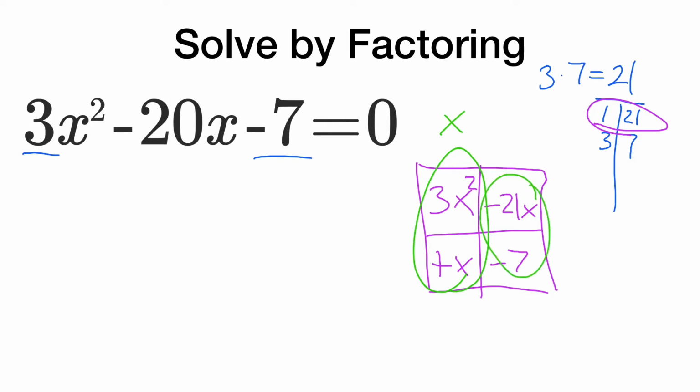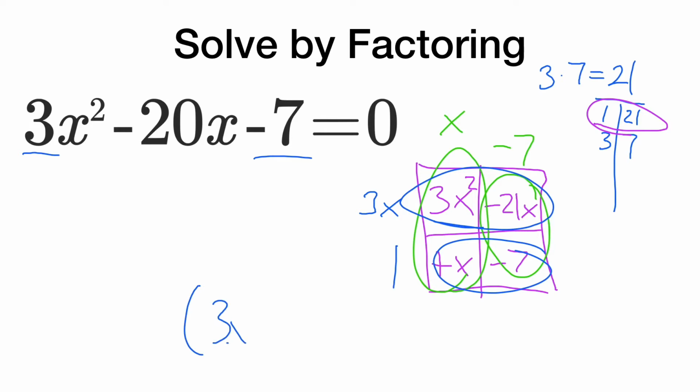Greatest common factor between negative 21 and negative 7 is going to be 7, but because this says negative, I'm going to say negative 7. Then I do the same thing for the other way. 3x squared minus 21 is 3x, and x and negative 7 is just 1. So our two factors are 3x plus 1 and x minus 7 equals 0.